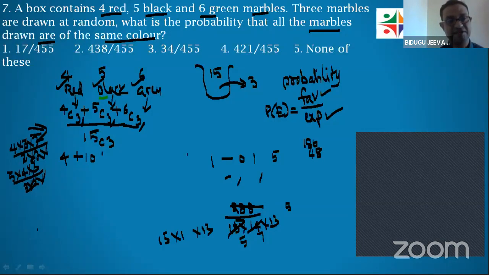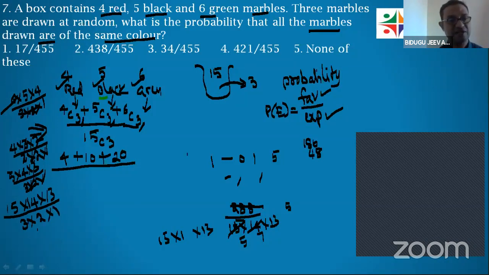It is nothing but 10, plus 6C3, 6 into 5 into 4 by 3 into 2 into 1. It's very clear, 20. Whole divided by 15C3. 15C3 means 15 into 14 into 13, I'm simplifying here itself, by 3 into 2 into 1. So 3 5s are, 3 7s are. Let me write 5 into 7 into 13.